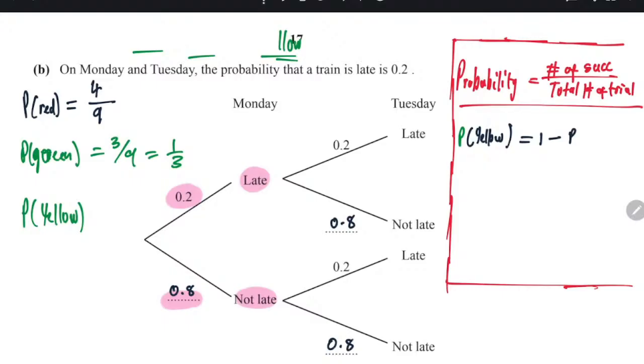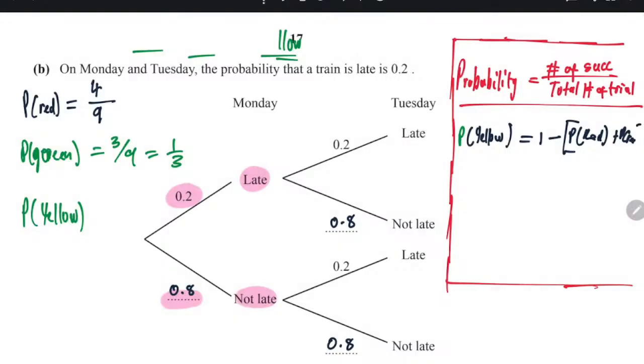Then here is the last part. So here it would have been 1 minus the probability of red plus probability of green in a bracket. You first add them, then you subtract them from 1. You get probability of yellow, because probability has to give you 1. So this is the second way of finding probability.